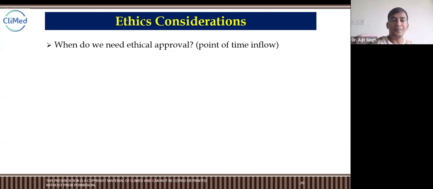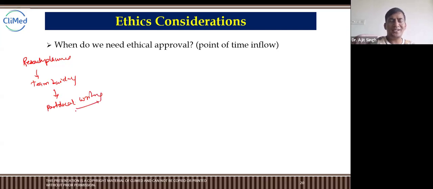The flow goes like this: research planning, team building, then protocol writing, which involves many things like finding the problems, review of literature, finding the aim and objectives, and once the protocol is ready, then we will go for ethics approval.